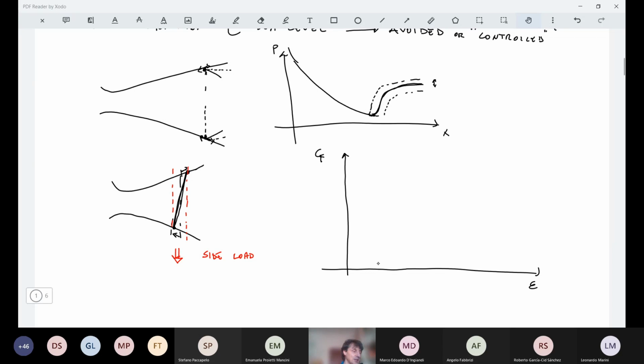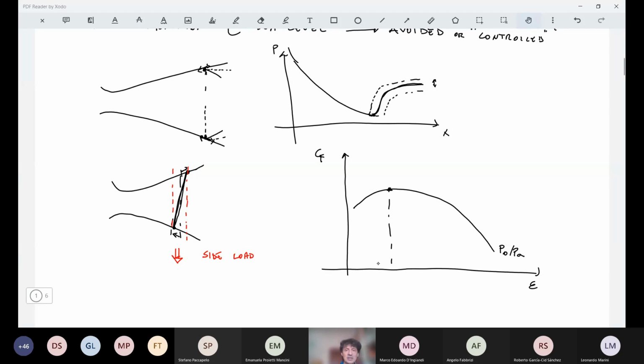So what we find is that for a given P0 over PA, we have something like this with a maximum value. This means that we have a given value of P0 over PA, and we have an adapted condition here at this epsilon, and this corresponds to having PE equal to PA.